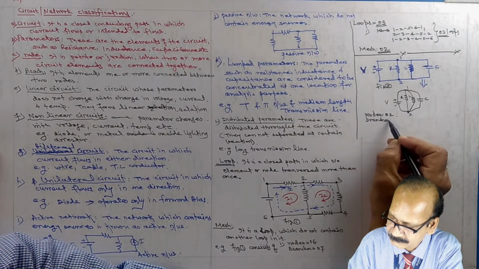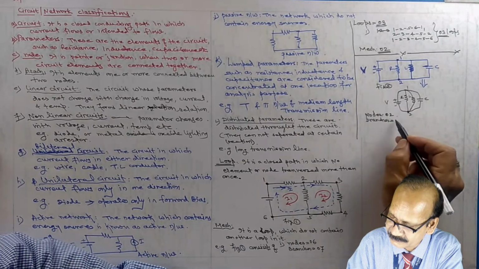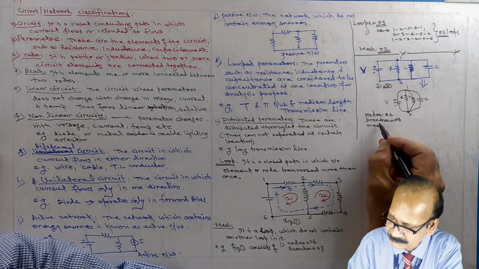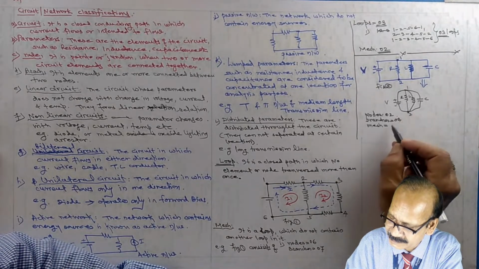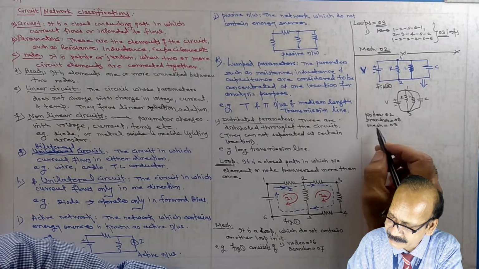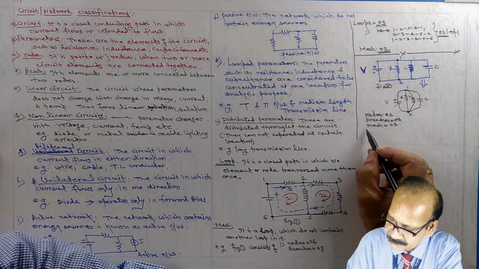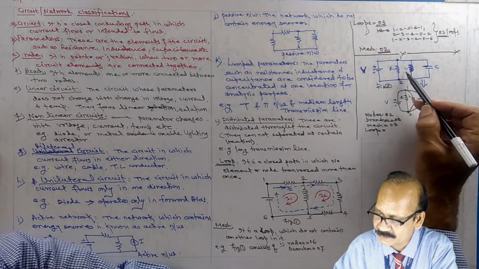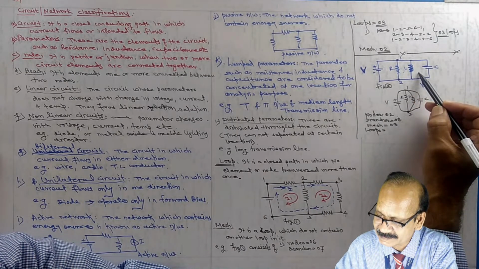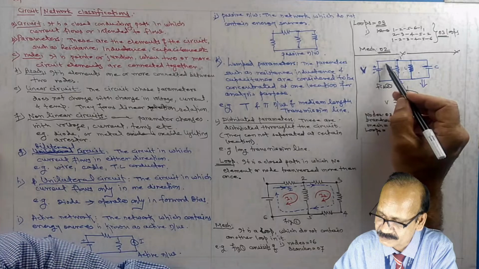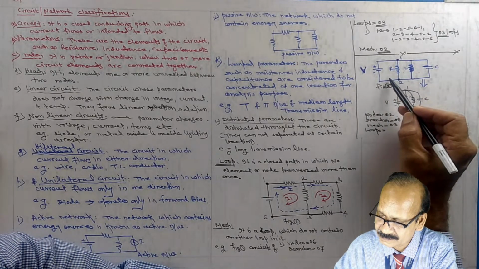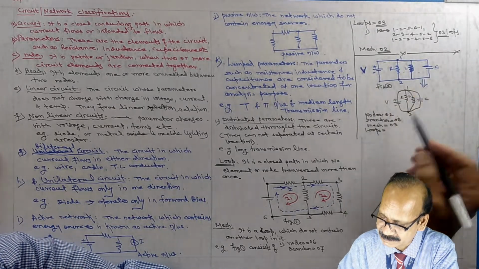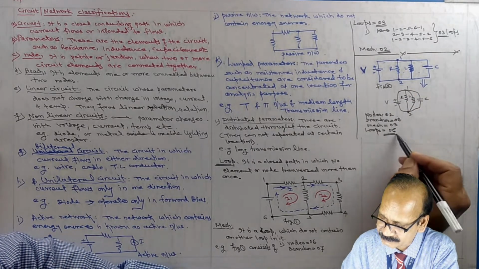Branches equal to 4. Then meshes equal to 3. And loops: 1, 2, 3, then the fourth one, then the fifth and sixth. So it has 6 loops.